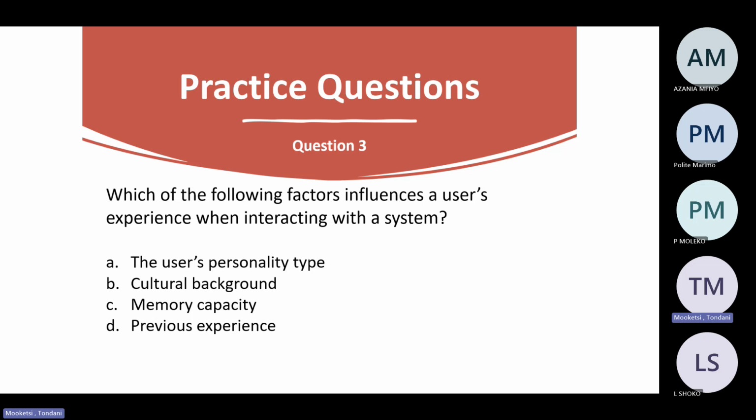Is it A, the user's personality type, B, cultural background, C, memory capacity, or D, previous experience? You can select the answer that you think is correct there.